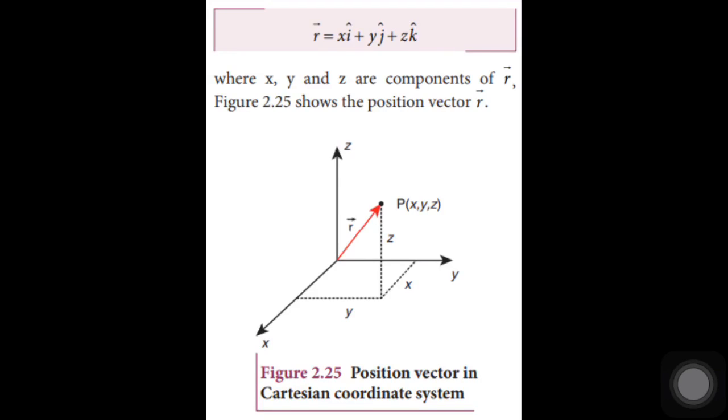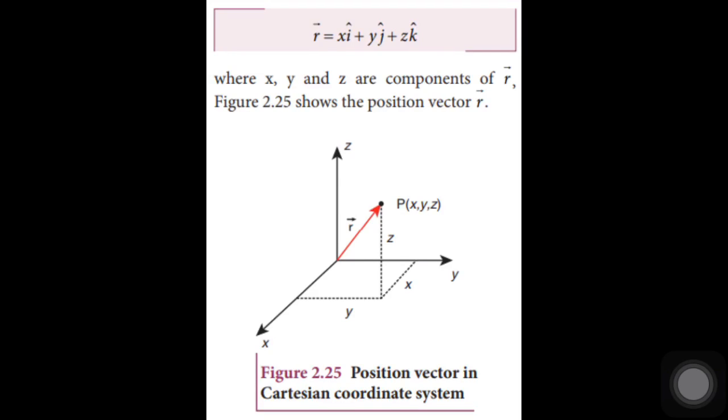To locate this point, we have drawn a straight line from the meeting point of the three axes to that point, and its direction is from the starting point to the point P. That's why the arrow mark is towards the point P. So it is a vector because it has magnitude and direction.